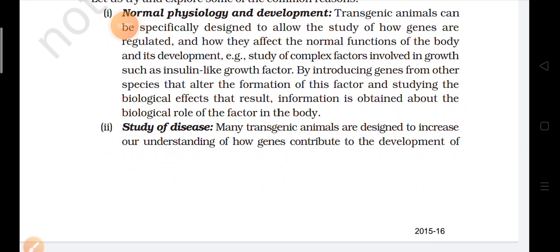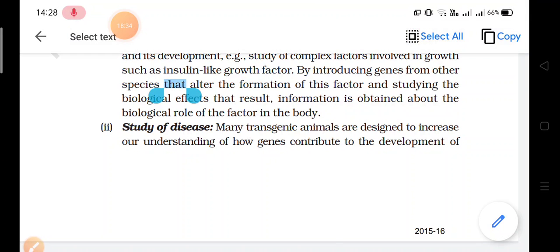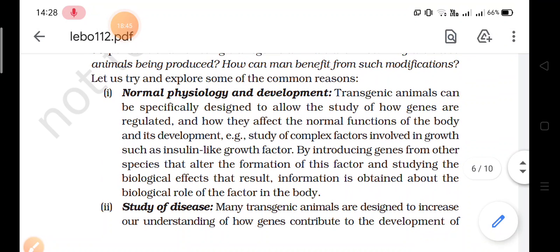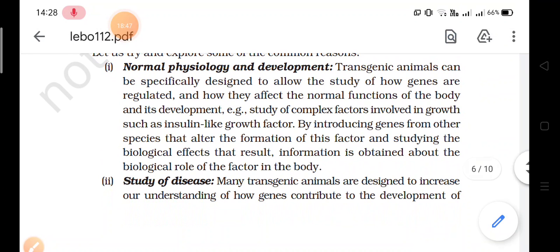And if we have thorough knowledge of how these genes work in that animal, the same thing might be happening in the human body, and in this way we can easily study the normal physiology and development.